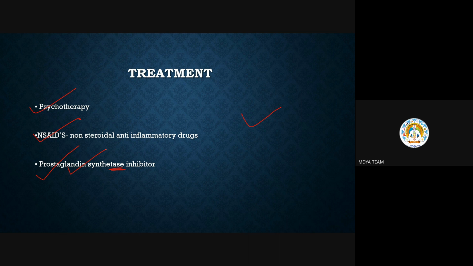If proper bleeding happens, the pain goes off. So prostaglandin is required, and these inhibitors are medicines that act on the amount of prostaglandin in the body.